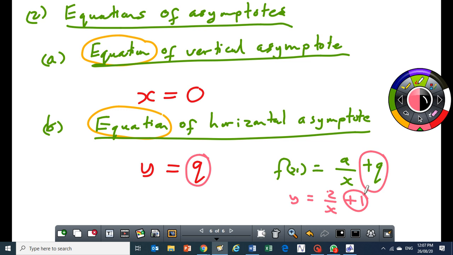Okay? Right, let's move on to the axis of symmetry. The graph has got two axes of symmetry, and the axes of symmetry are equations. So number 3.